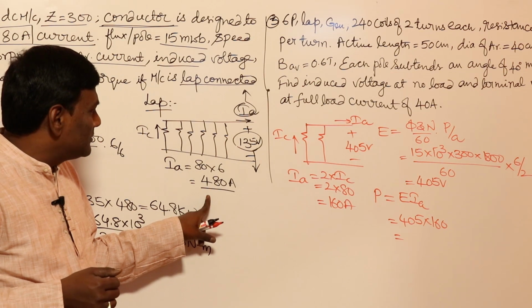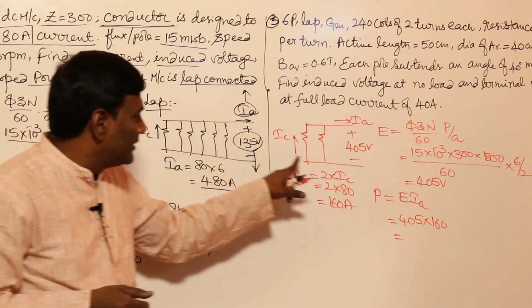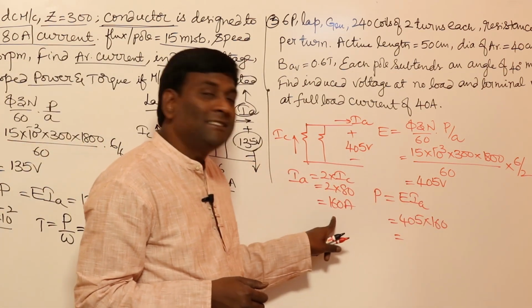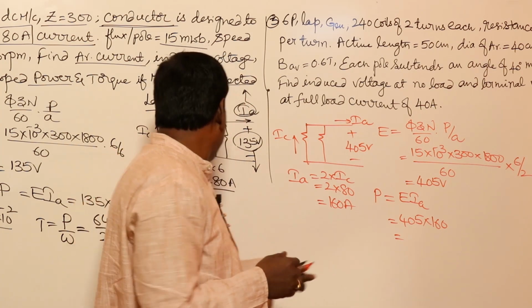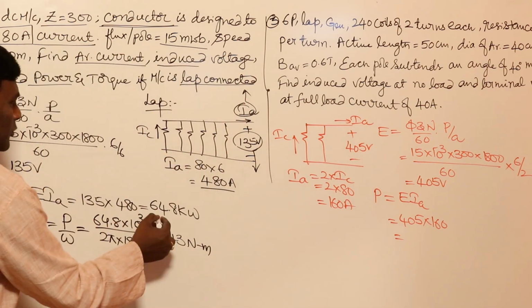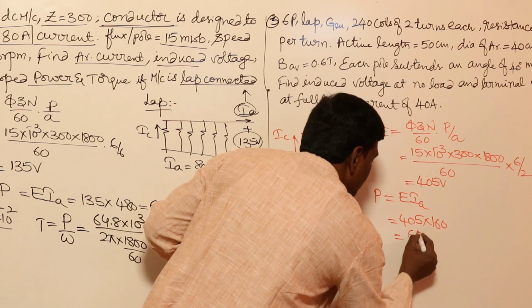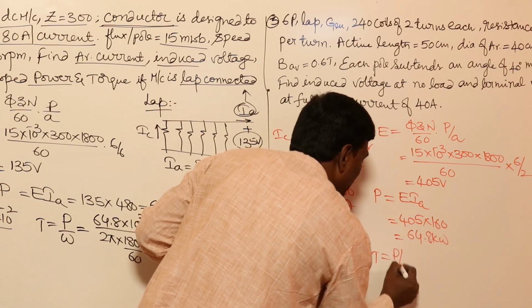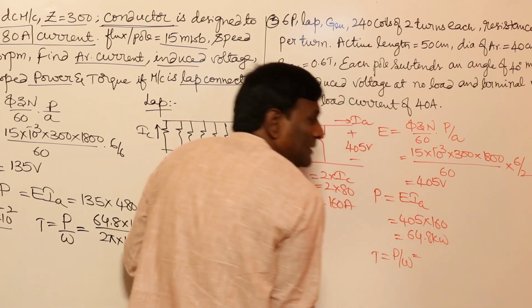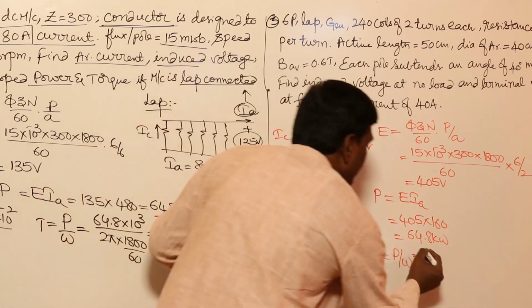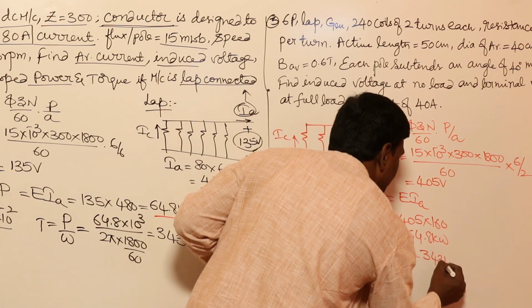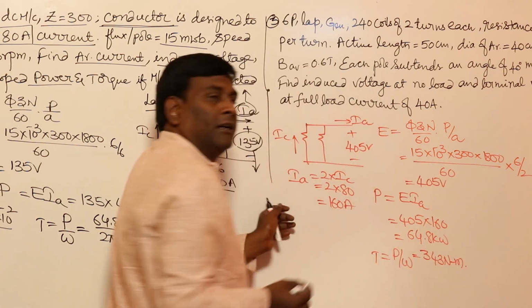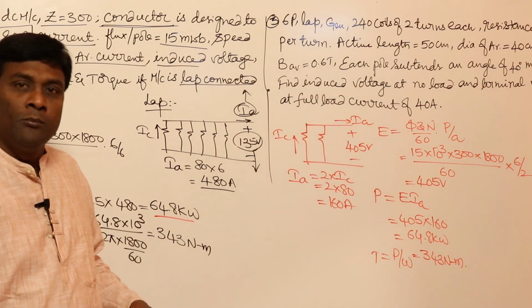Current is more here, voltage is less here. Voltage is more here, current is less here. So same power you will get. How much is that power? 64.8 kilowatt. What is torque? Power divided by speed is going to be same. So how much will it be? 343 Newton meters. Okay, in this way we have to solve the problem.